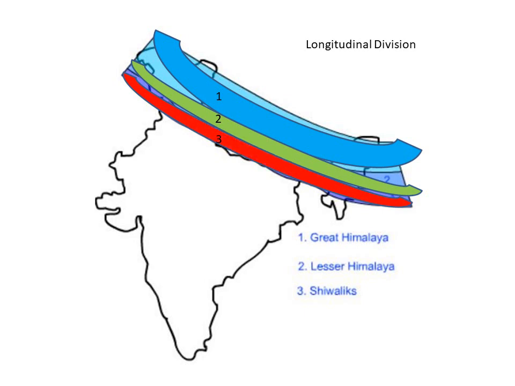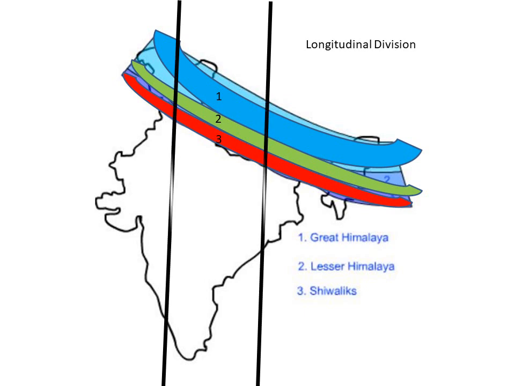Now the question arises, why are the three parallel ranges of the Himalaya called the longitudinal division? Because the sections of the Himalaya are named longitudinally, between two longitudes from north to south. The northernmost is Greater Himalaya, the middle one is Lesser Himalaya and the southernmost is Shivalik.